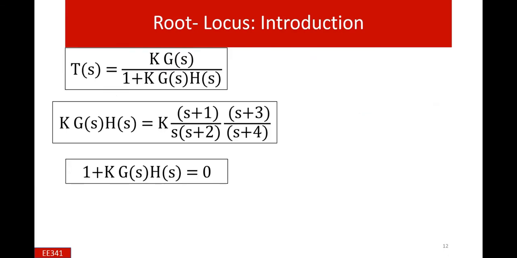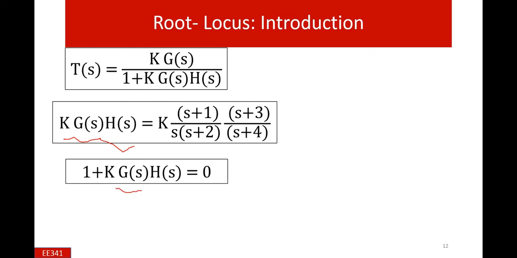You can understand the whole story of the root locus from this slide. We have a closed loop transfer function, where this is the open loop transfer function and this is the characteristic equation.